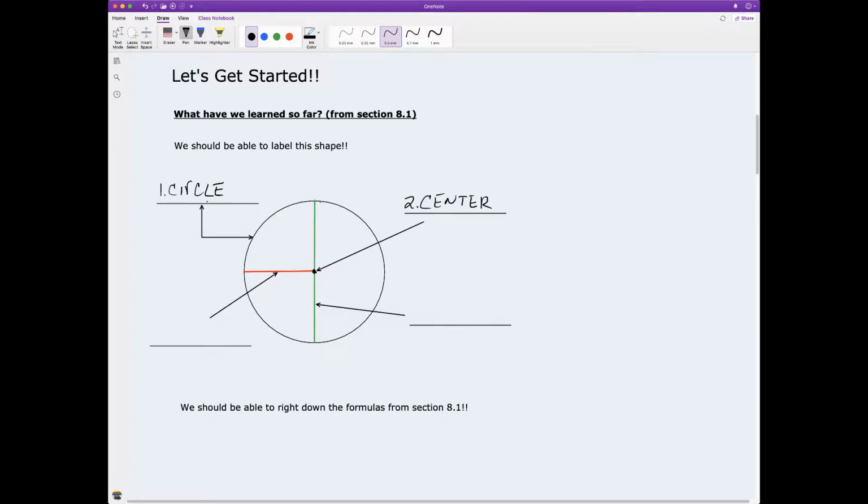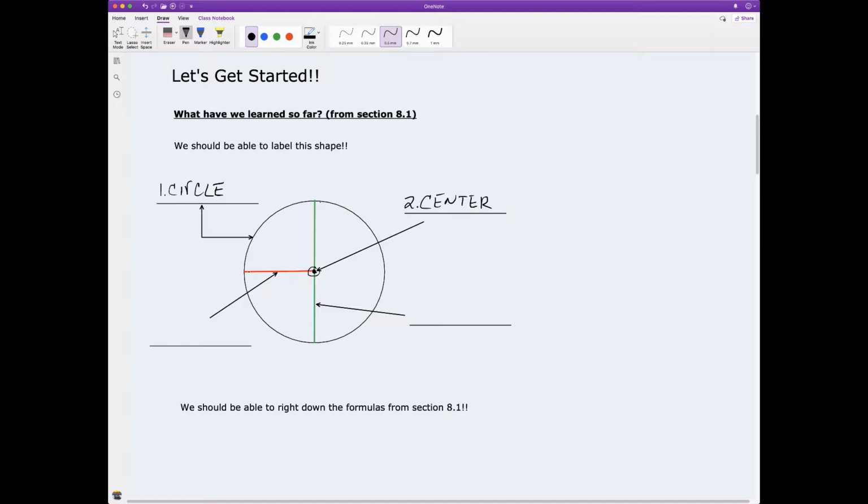Remember, the definition of a circle is a set of points that's the same distance from a point called the center. The center is a point that is the same distance from every point on the circle.